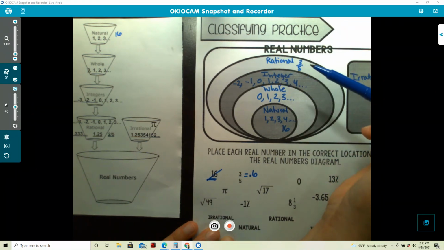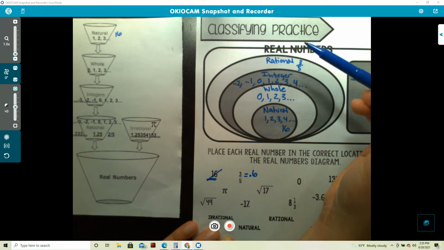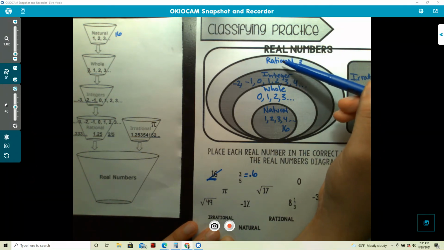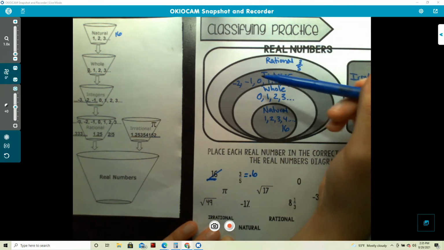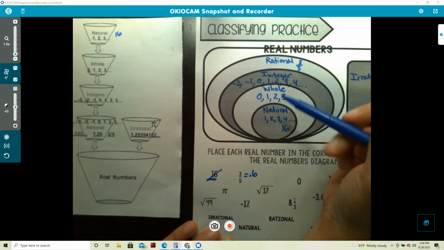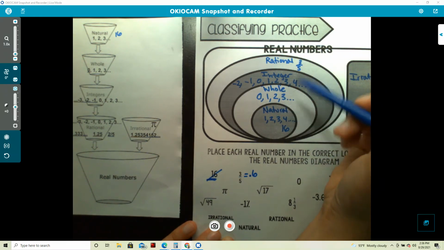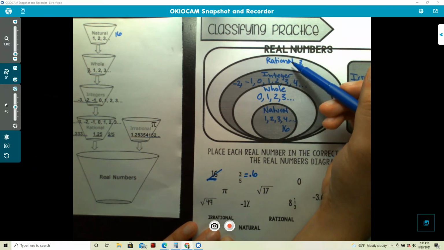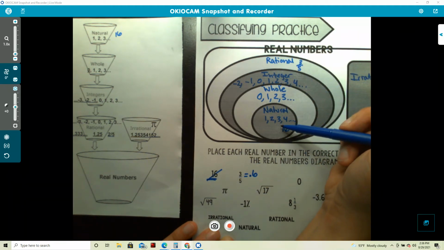However, it is okay to say that natural numbers are also rational numbers, but not all rational numbers are necessarily natural numbers.